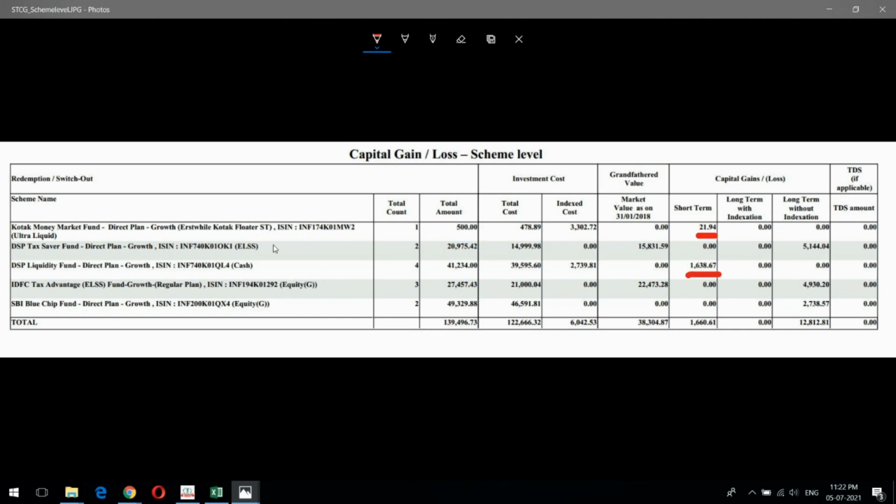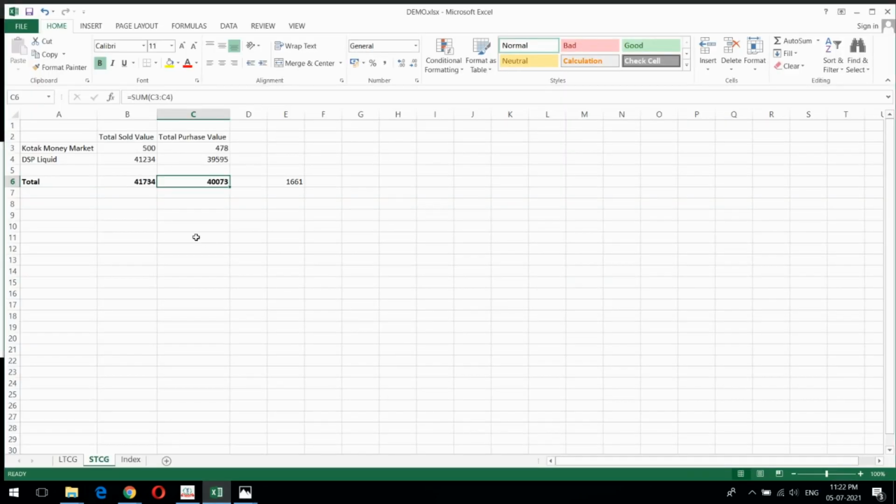So in our case we'll be concentrating on these figures. And for the sake of simplicity, I have extracted the same information in this Excel.